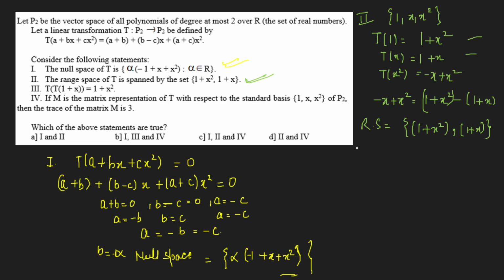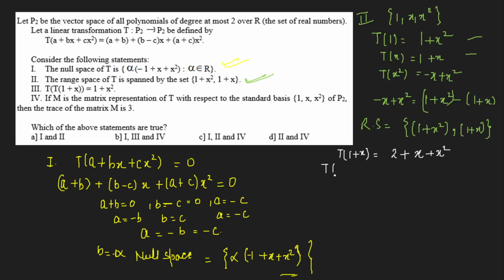I have to find T(1 + x). So let's first find T(1 + x). Here A = 1, B = 1, so that gives 2 plus Bx, that means x, and then A + C, that means x².